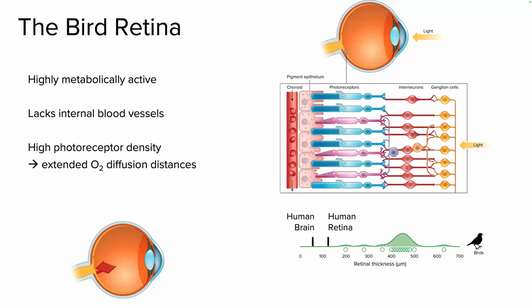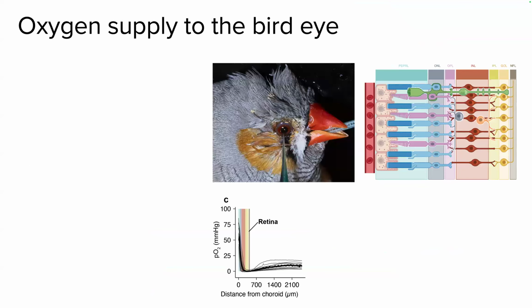So initially we wanted to test this idea, whether the pecten can even provide enough oxygen to keep the retina oxygenated. So again, we applied this technique of measuring the spatial distribution of oxygen in animals. We used zebra finches as a model for these experiments because they are a similar size as a mouse.